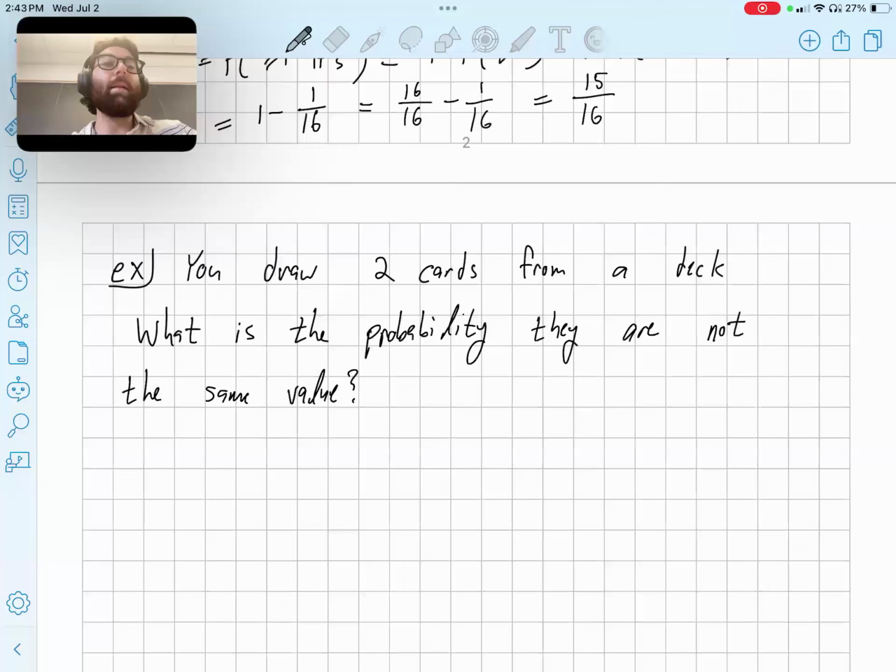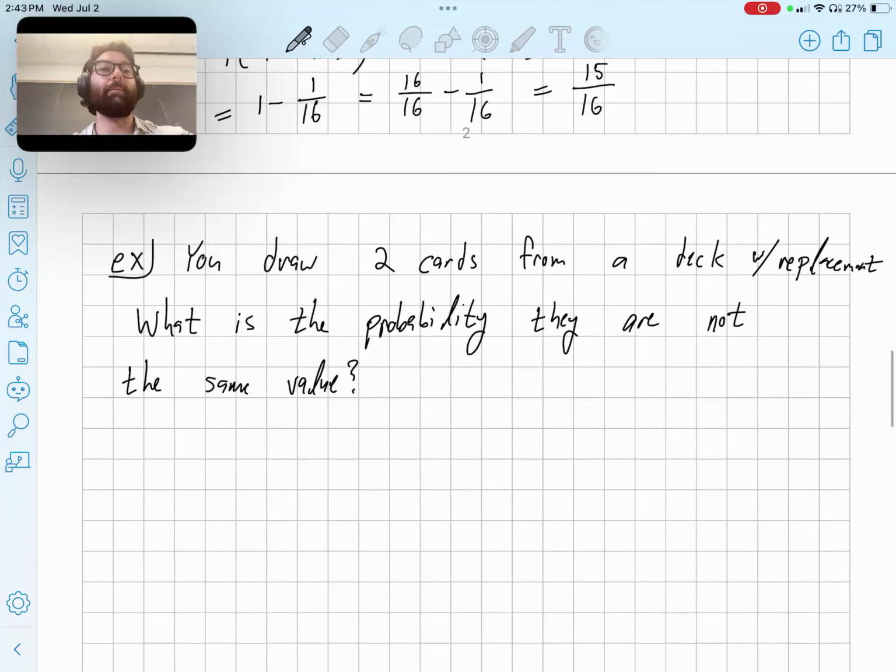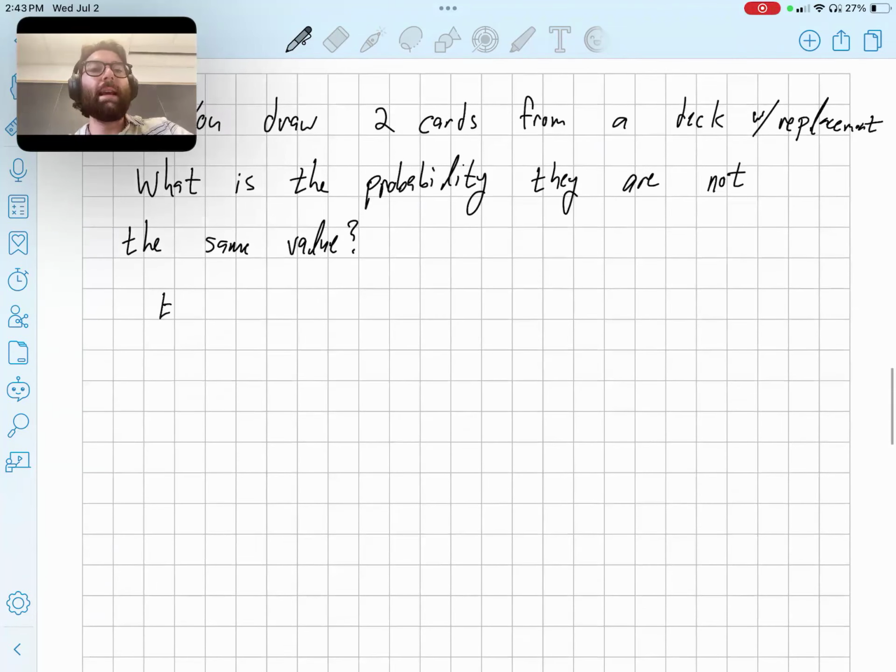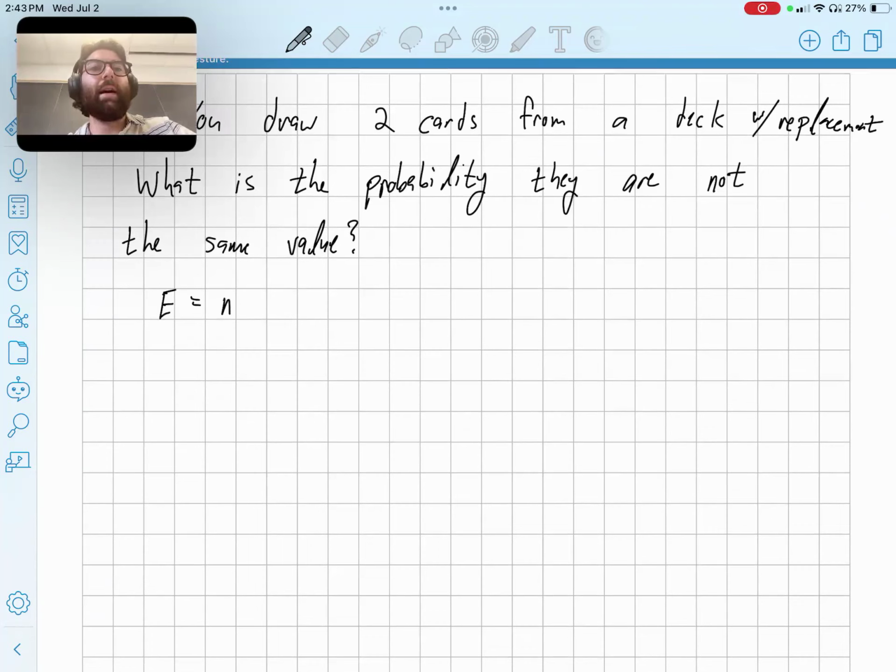Okay, and when I say the same value, I mean they're not both 1s, they're not both 2s, they're not both 3s, etc. And I'll say draw 2 cards from a deck with replacement. So we are taking out a card, seeing what it is, putting it back, shuffling, and then taking another card. Okay, so our event E is different values.